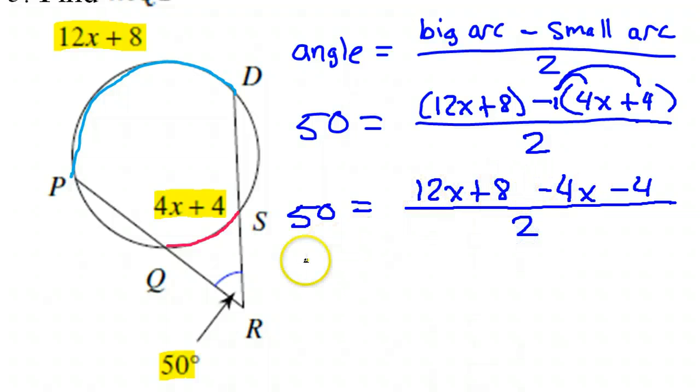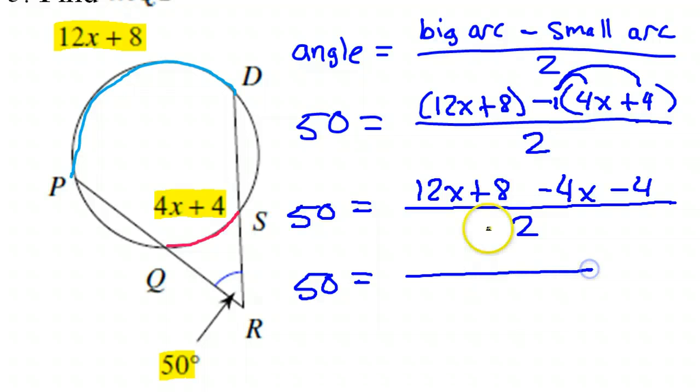Then I can combine like terms. So I'm going to get 50 is equal to 12x minus 4x is 8x. And then we have positive 8 and a negative 4. That's 4, divided by 2. Okay, so this doesn't look so bad.